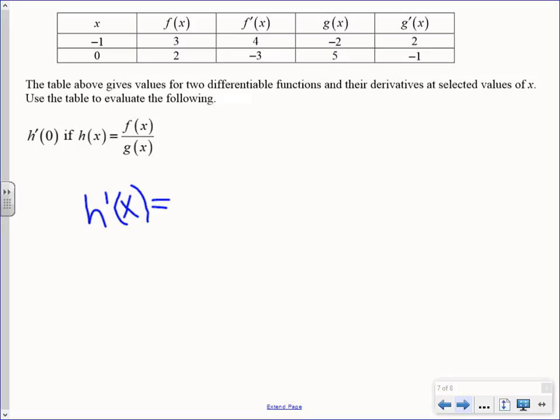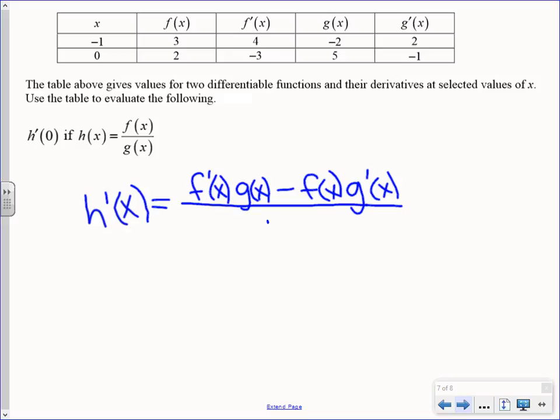The quotient rule. Our quotient rule is low D high minus high D low all over low squared. That's as basic as you can get. That is just copy paste the quotient rule. We really didn't even have to apply it to any functions. Okay, that is just the quotient rule.